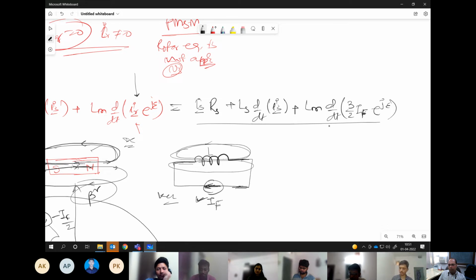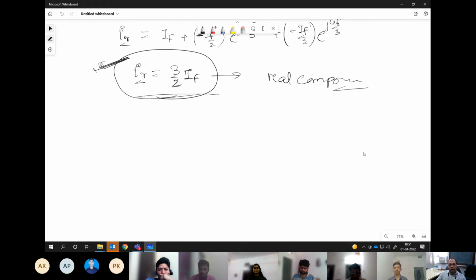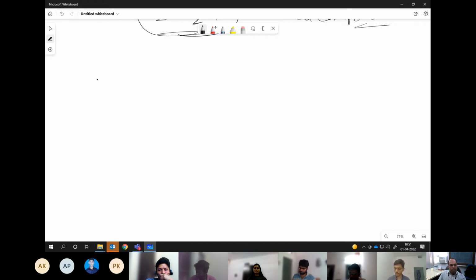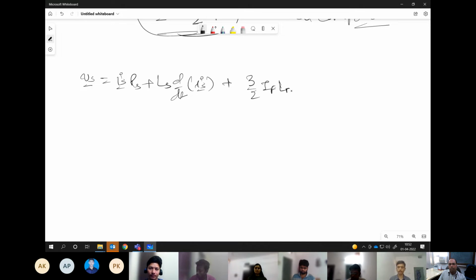Now you expand this or just simplify this, then what we will obtain is Vs vector: 3 by 2 IF times Lm will come out, and the differentiation of e raised to power j epsilon would be j times d epsilon by dt times e raised to power j epsilon.